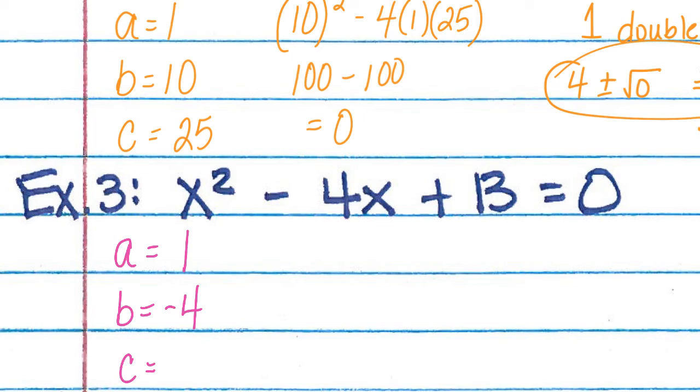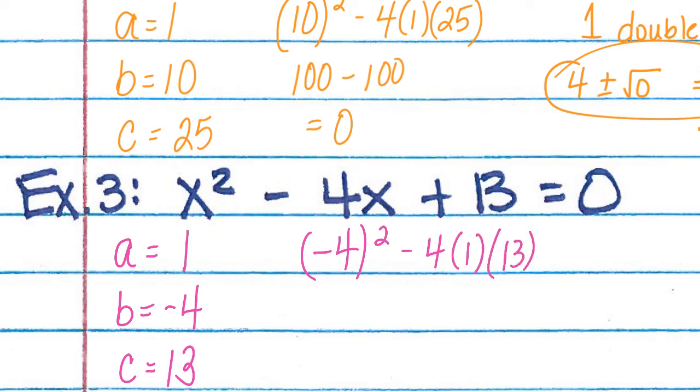So I notice that my A is 1, my B is -4, my C is 13, and I have B squared minus 4AC, and I know that 4 times 13 is 52. So this is saying 16 minus 52, which is -36.